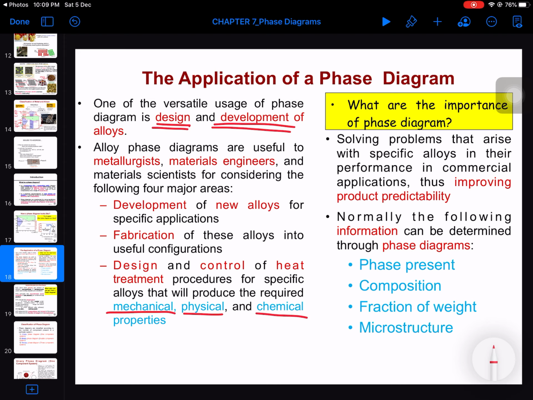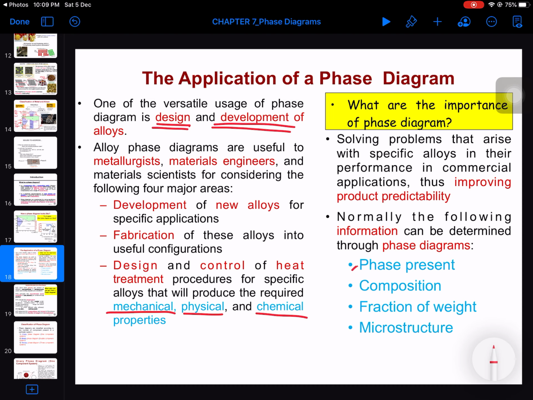So the phase diagram is very important, as it can solve many problems that arise with specific alloys in their performance in commercial applications. Thus, by using the phase diagram, we can improve product predictability for certain particular alloys.